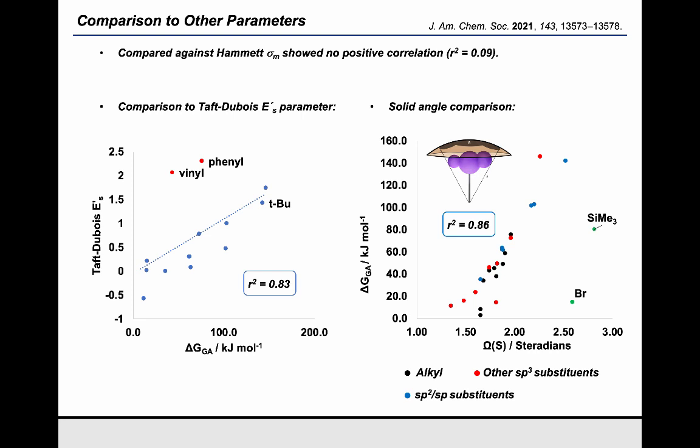One of them is a linear free energy relation called the Taft-Dubois parameter, and we saw a good correlation there with our data. So this again lines up with it being steric in nature, and to reiterate that, we compared our data to cone angles and solid angles, which, as mentioned at the beginning, are purely geometric in nature, and we found a good correlation between both sets of data and our delta G value.